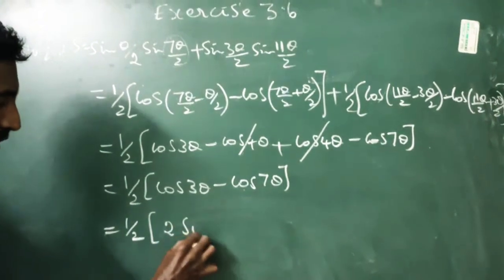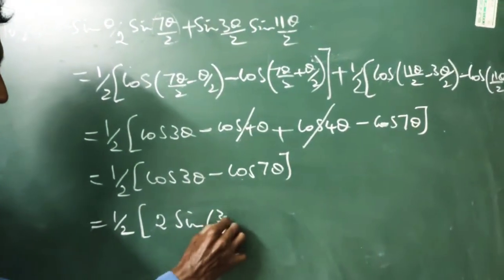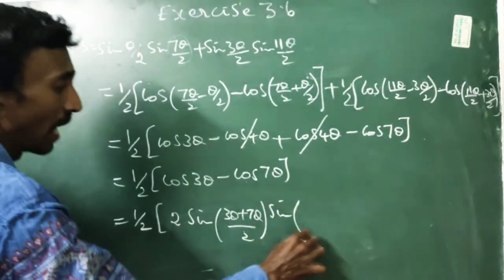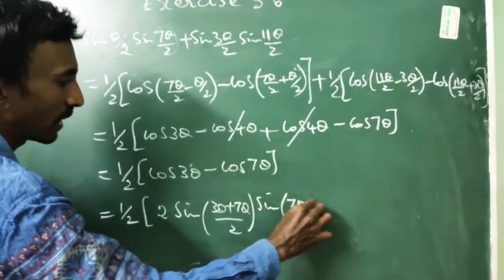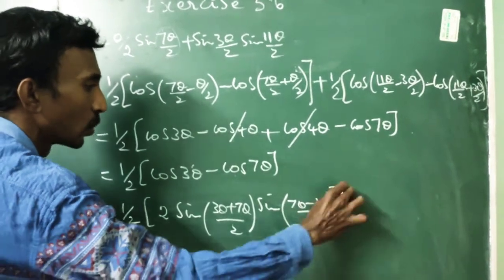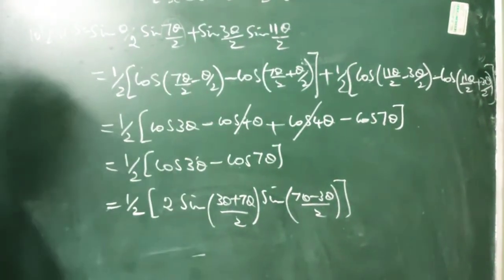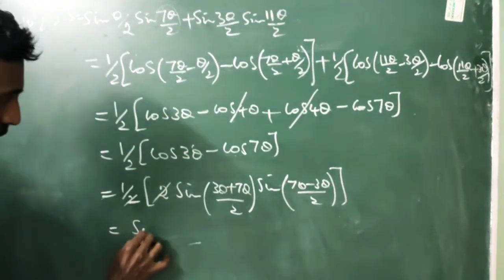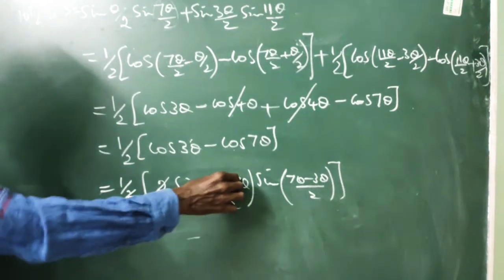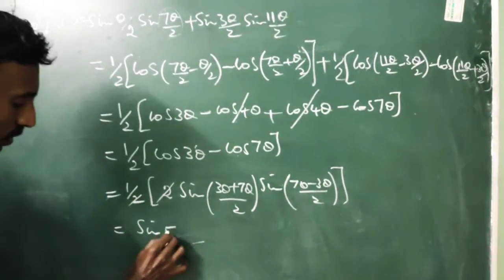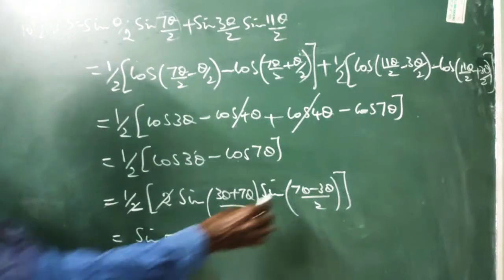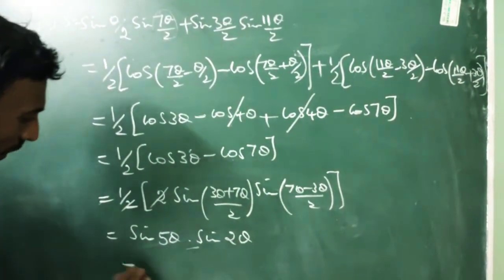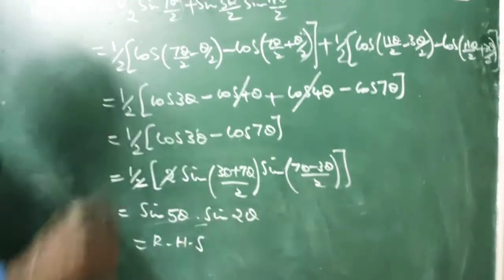So 2 sin((3 theta plus 7 theta)/2) into sin((7 theta minus 3 theta)/2). So this 1 by 2 cancels. Sin of 10 by 2 is 5 theta, into 7 minus 3 is 4, 4 by 2 is 2, sin 2 theta. That is the RHS.